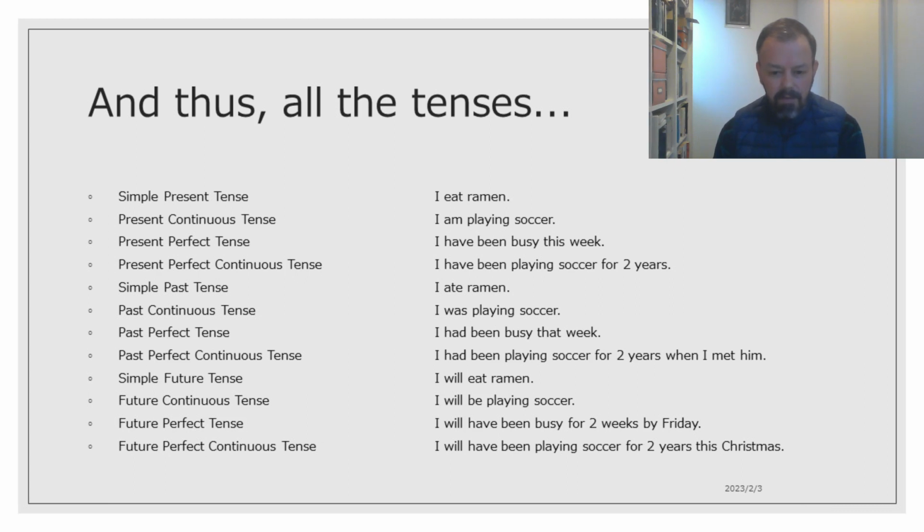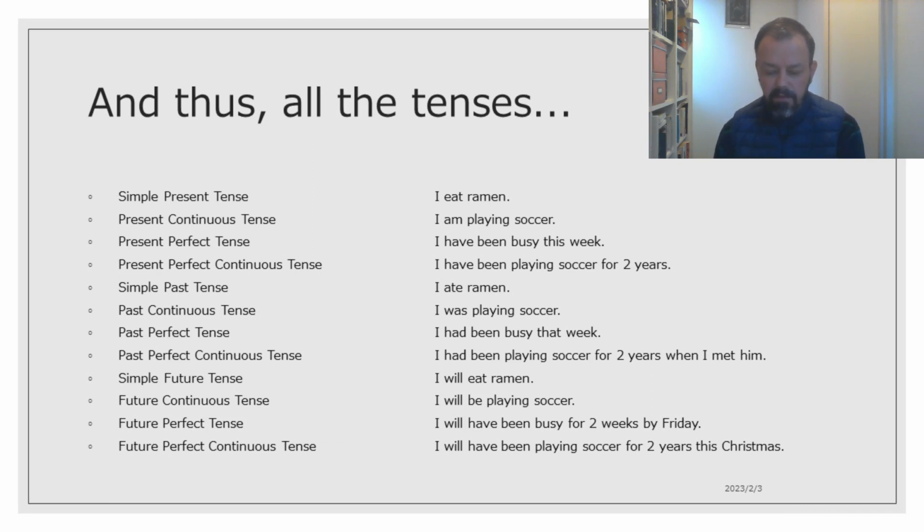So for example, I had been playing soccer for 2 years when I met him. And we almost always include some other action in this tense form. So it describes an action and then a continuous action that started before that and was still continuing when the first action happened.